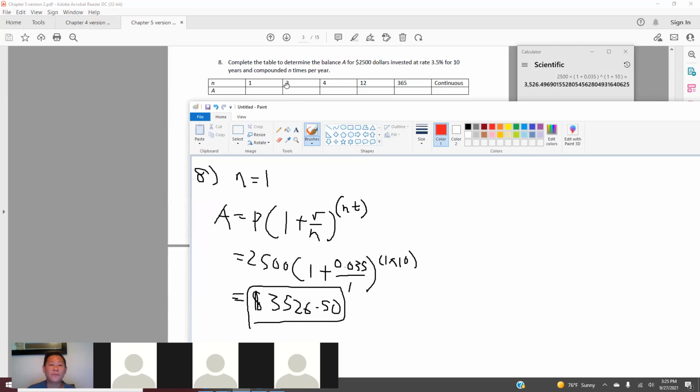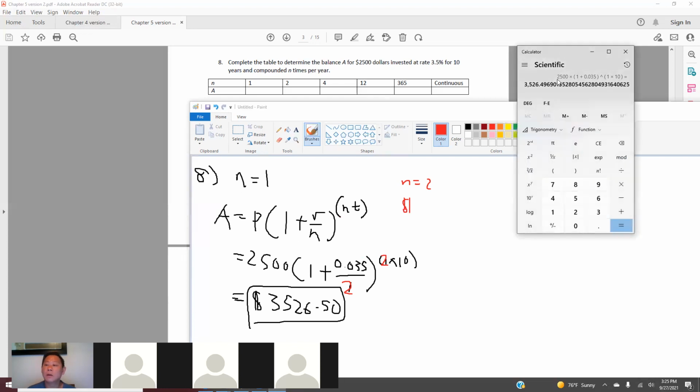And then the question is for n is 2. For n is 2, you still use this formula, but you just need to change n to 2. So you will get another answer. I have to retype all this. 1 plus 0.035 divided by 2.